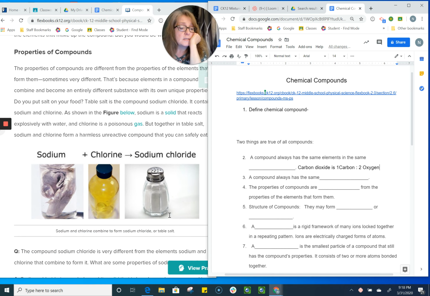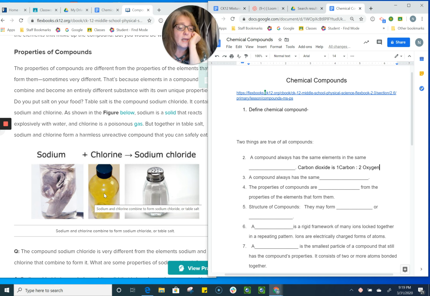Another example of this is table salt. You have this right here. Table salt is sodium plus chlorine. Sodium's a soft metal. It's usually stored in oil. It can have some explosive reactivity when it comes in contact with water. So this here is sitting in oil.